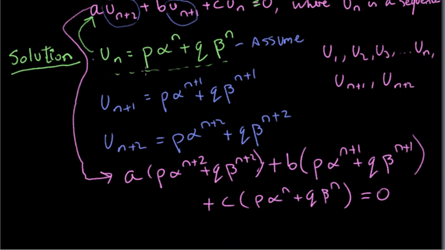So we're assuming a solution of this form, and from that we can learn something about what numbers alpha and beta actually are. So what I'm going to do is factorize out alpha to the power of n.